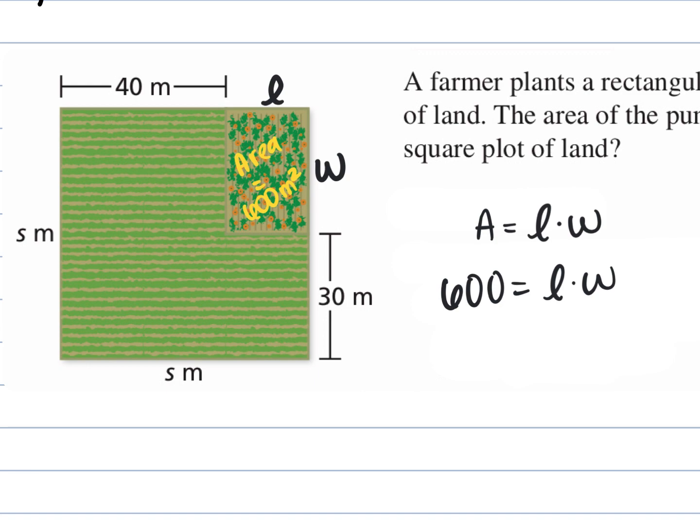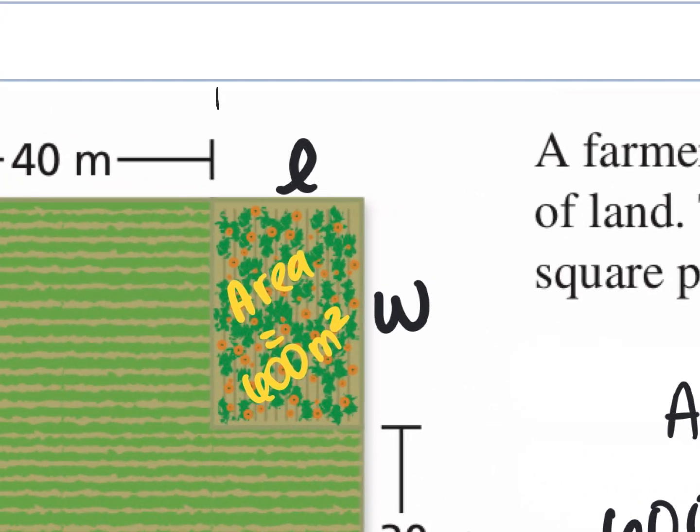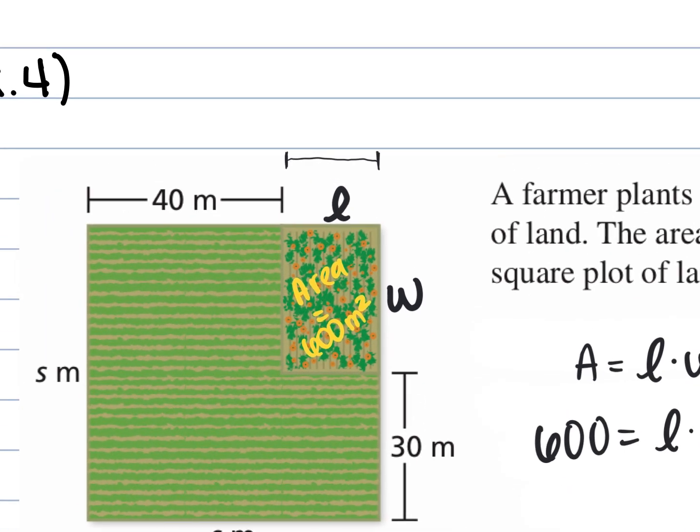Hey, listen up. Now, I want you to imagine, zoom in on the L. The L, or the length, is from here to the edge. Do you guys agree? Yes. So, what else do we know about that top side of the land? I would say S. The whole thing is S. Very good.